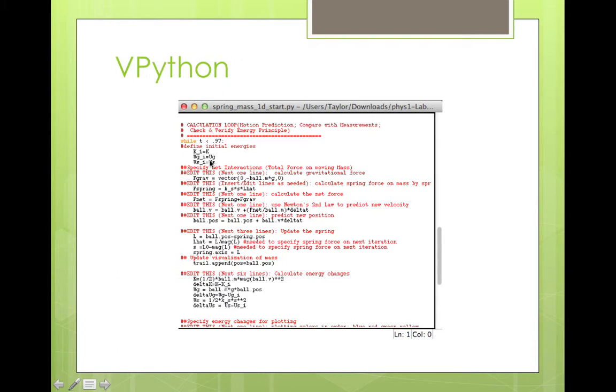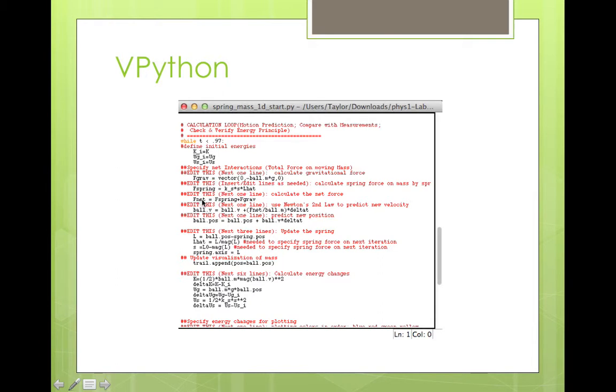The initial kinetic energy is shown to be K, initial gravitational potential energy shown to be UG, and initial spring potential energy is US. We have F grav here to be the mass times the gravity, the acceleration. We have the force of the spring shown here.